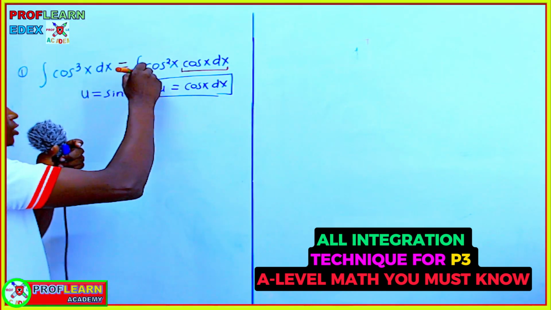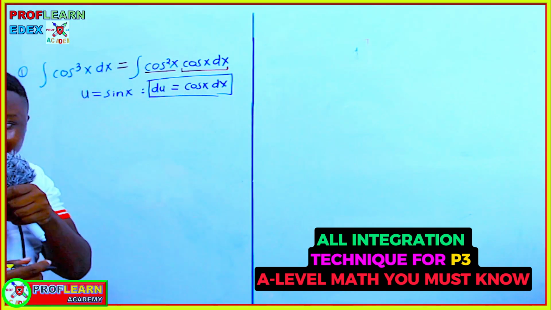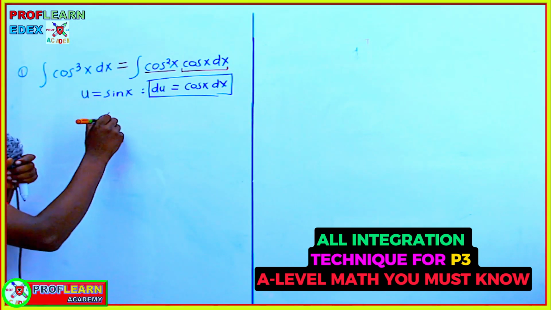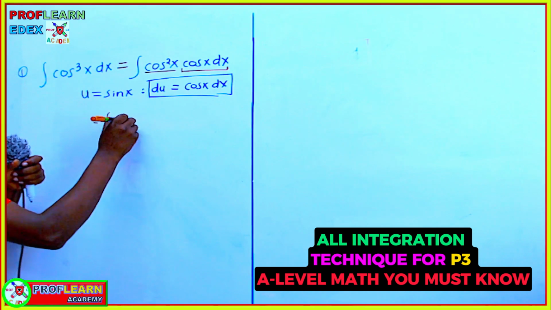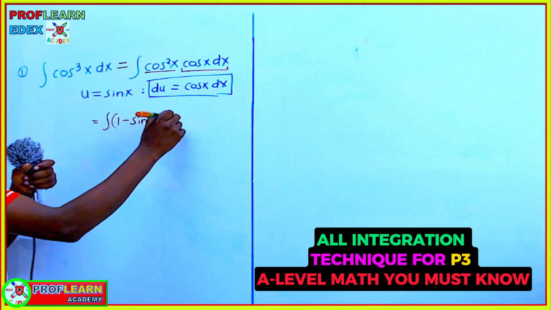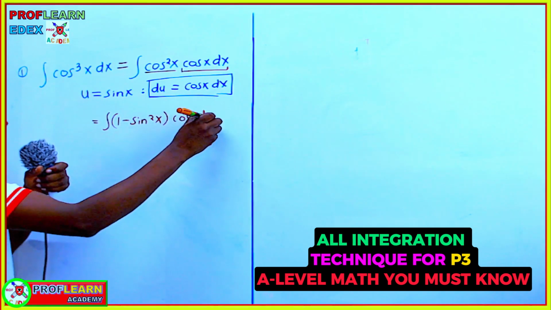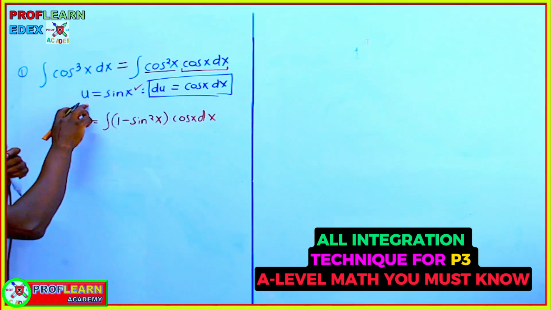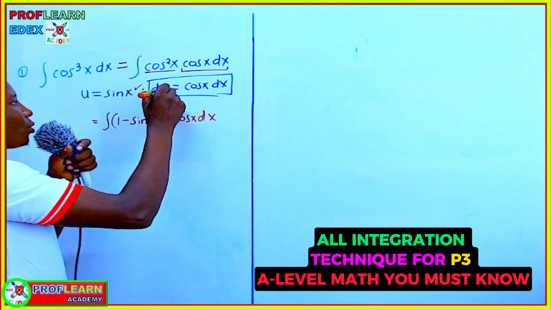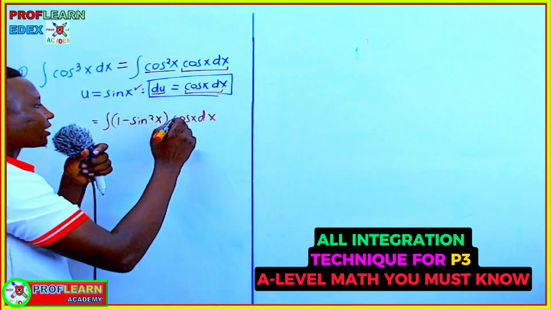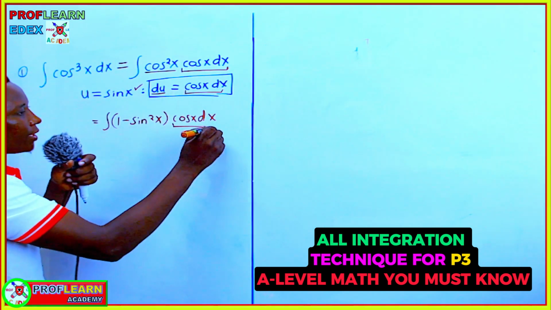This part that we have here, we are going to write in terms of sine squared, so this is going to be written as 1 minus sine squared x, cos x dx. Next, we are going to substitute. Anywhere we have sine, we are going to substitute u, and anywhere we have cos x dx, we are going to substitute with du.